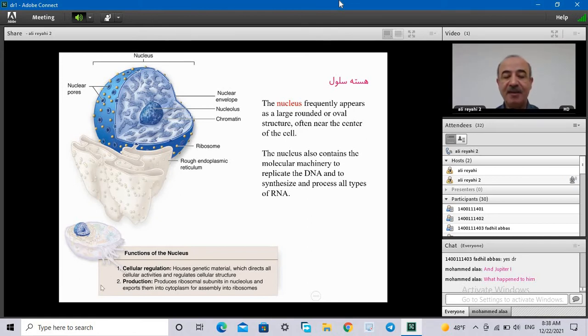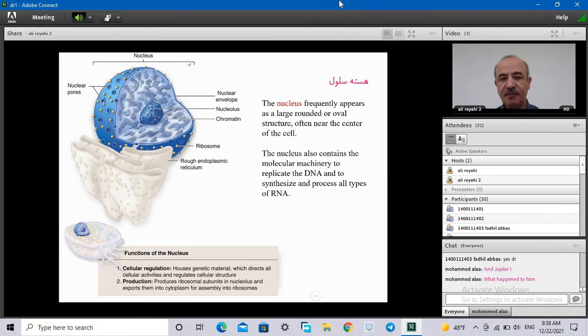The second function is production. What does this mean? The nucleus can produce subunits of ribosome, if you remember. Produce ribosomal subunits in nucleolus. Attention please, the nucleus contains the nucleolus. This very small and dense structure is called nucleolus.